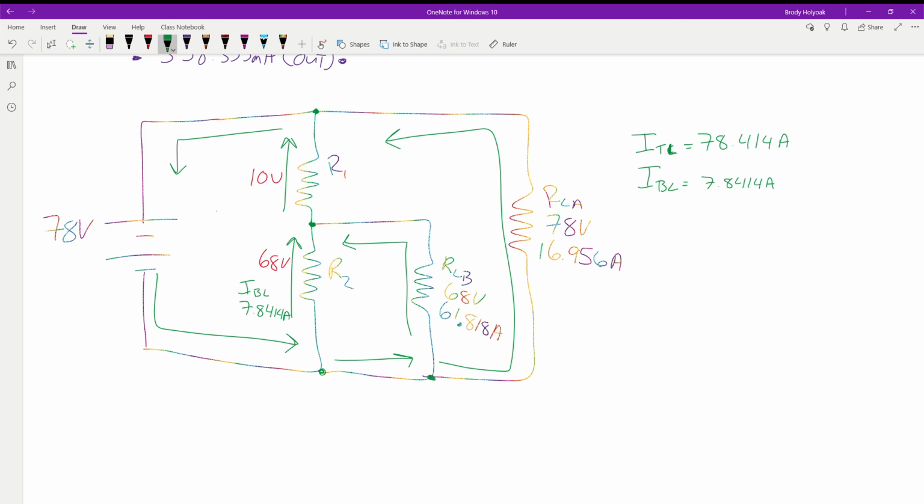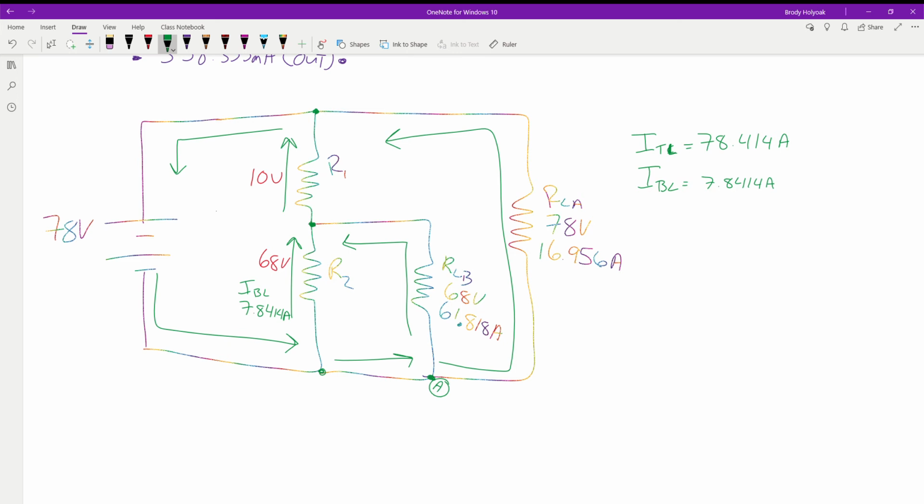So just like we did before, we can start at either one of these points. We'll start down here at point A. Remembering, this is where Kirchhoff's current law comes into play. Current going into a node must equal current going out of a node. So at point A, we have 16.956 amps going out, and we have 61.818 amps going out.